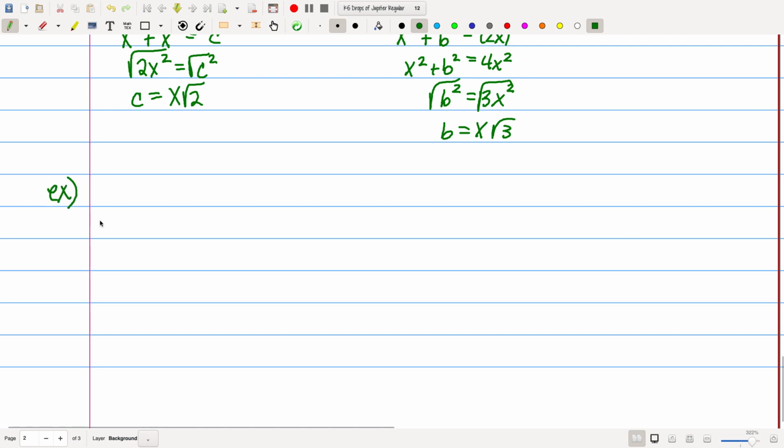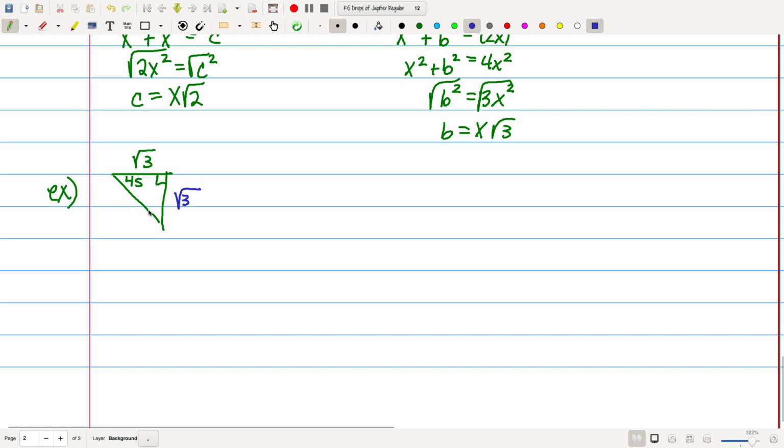So first example of these, let's say I have a 45, 45, 90 triangle. So here's my 90, here's my 45, and this leg is the square root of 3. So I want the other 2 sides. Well, I know by default that this leg has to be the same, so square root of 3.